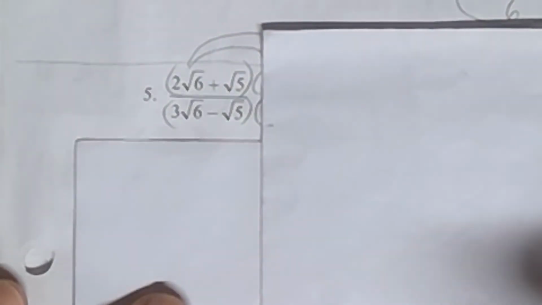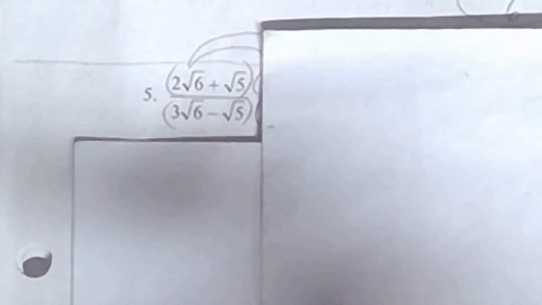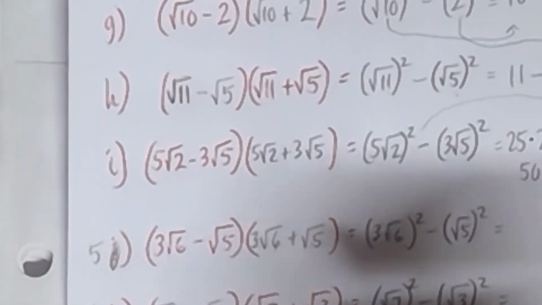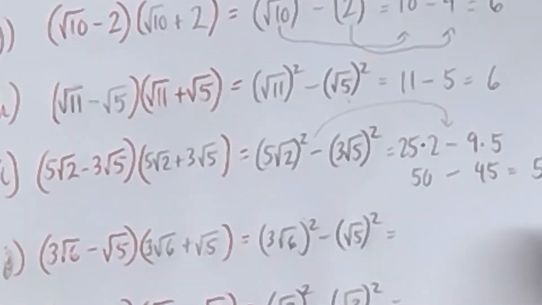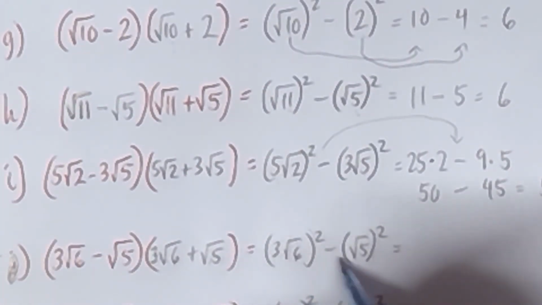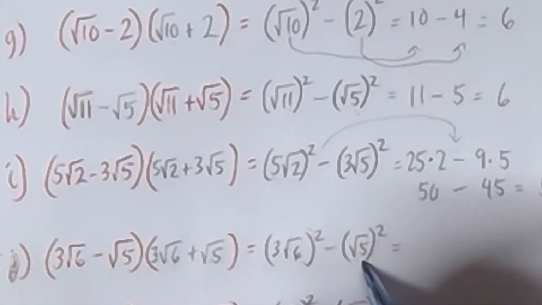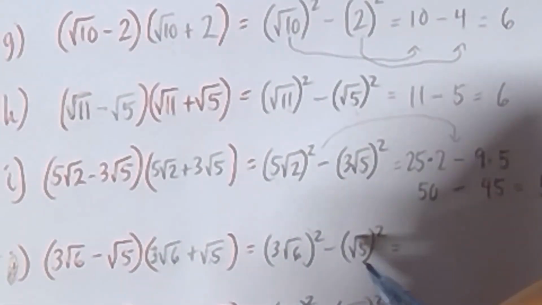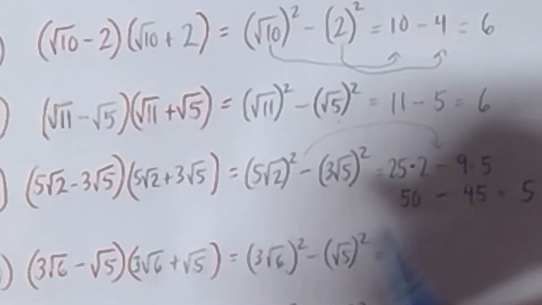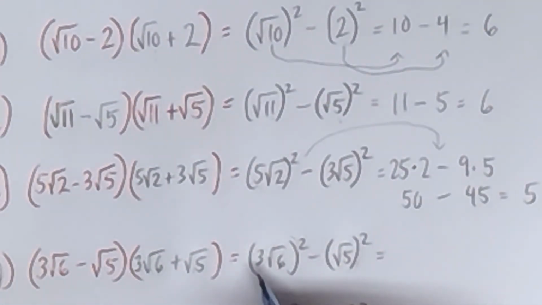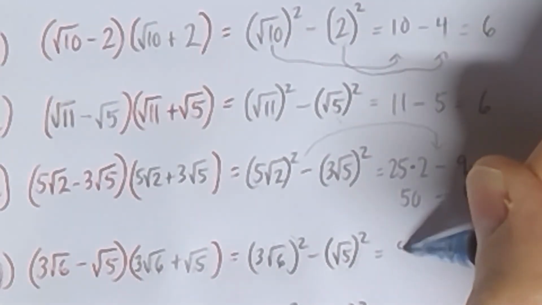Okay, let's take a look at number 5 right here. Again, we need to multiply by what here? Let's take a look. 3 rad 6 minus rad 5. So we need to change it to plus when we figure out what we're multiplying by. That leads to squaring the first term and the last term of each bracket, putting the minus in between. And like we talked about in the last problem up here, we need to do what when we have an outside part of the radical term? We need to do 3 squared is 9.